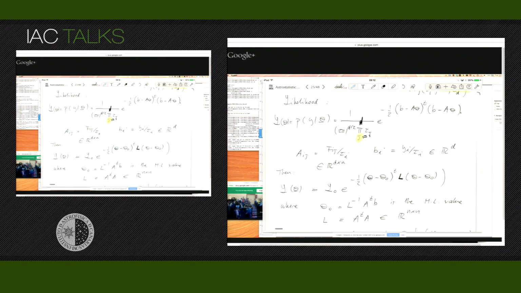And then the exponent is simply a fancy way of writing down the Gaussian, where Aij is a matrix defined by the design matrix scaled by the standard error tau i. Di is the measured data vector yi divided by tau i. It's just a way of making those entries dimensionless, as they should be.